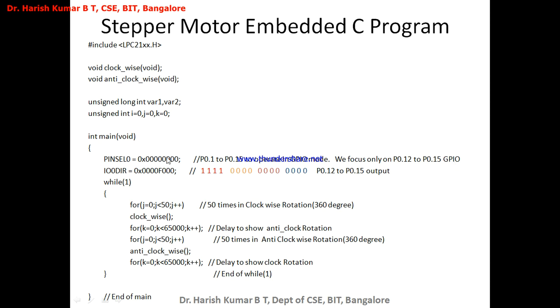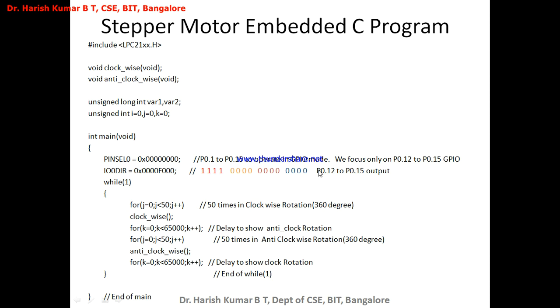But what I'm doing is assigning 0 to PINSEL0. I'm making all the port pins, P0.0 to P0.15, operate in the general purpose input output mode. The other pins up to P0.11 are not important for me, but I'll be focusing only on these port pins.